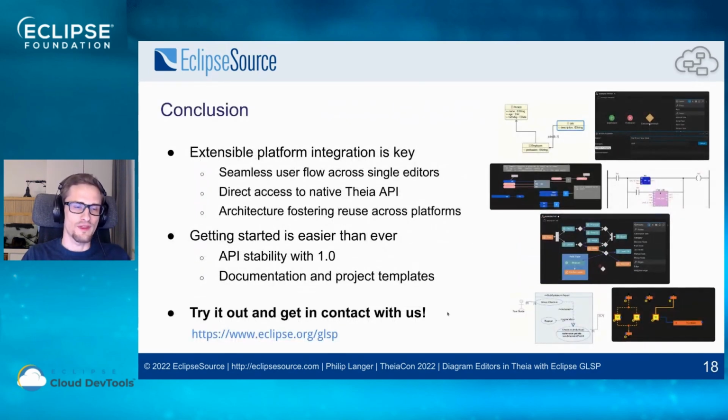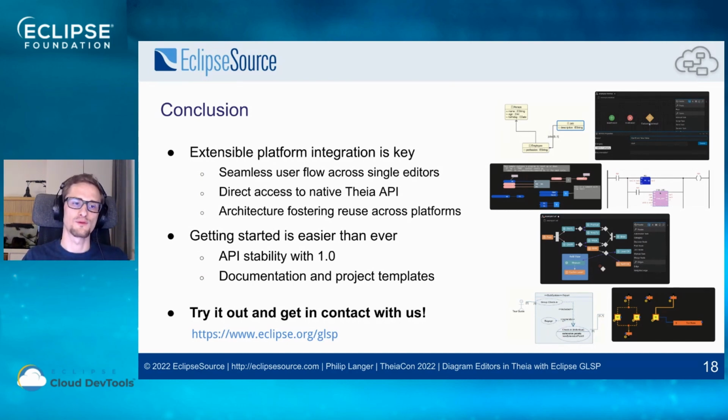Right. With that, I'm coming to a conclusion. So I think it's really important for a thing like a diagram editor to have a very extensible platform integration, because of course good user experience doesn't start and end at the diagram editor, but needs to span across the entire tool.